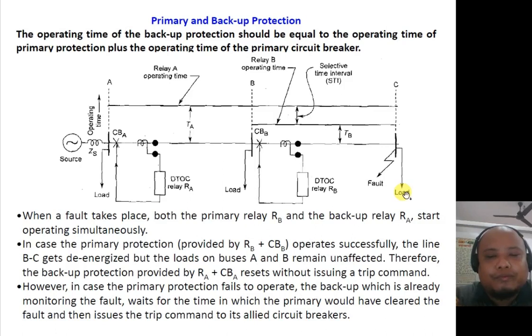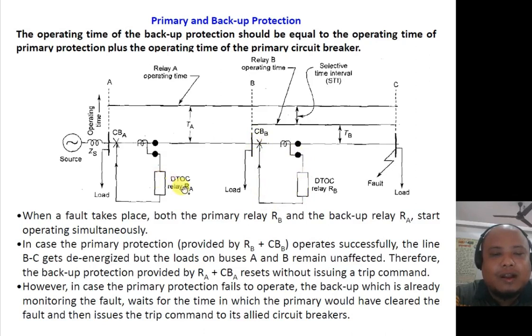This relay is getting the current and voltage, which is not shown here, via CTPT. Then it gives the trip signal to the circuit breaker if there is a fault.